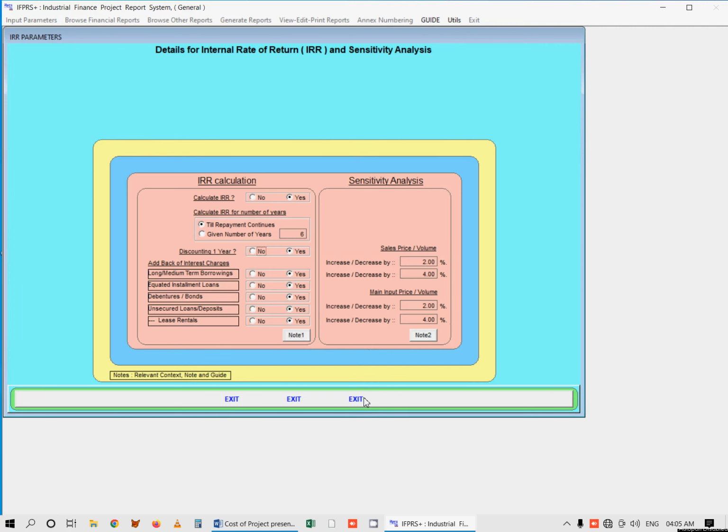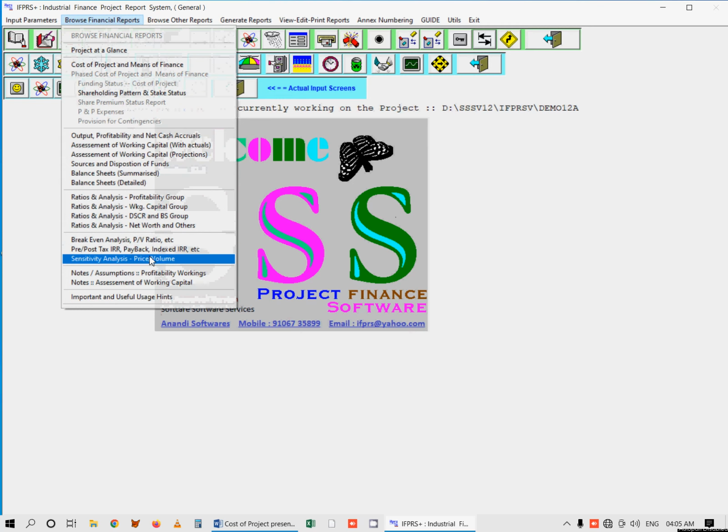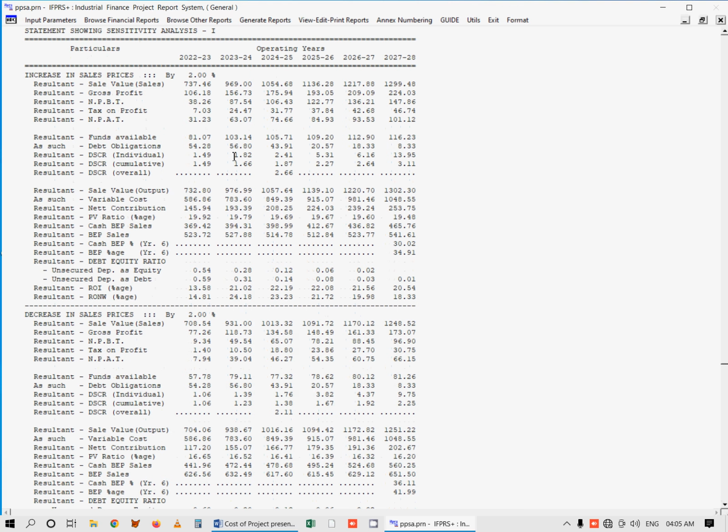It provides a 4-page detailed sensitivity analysis, with user-defined 4 percentage values, positive and negative both.